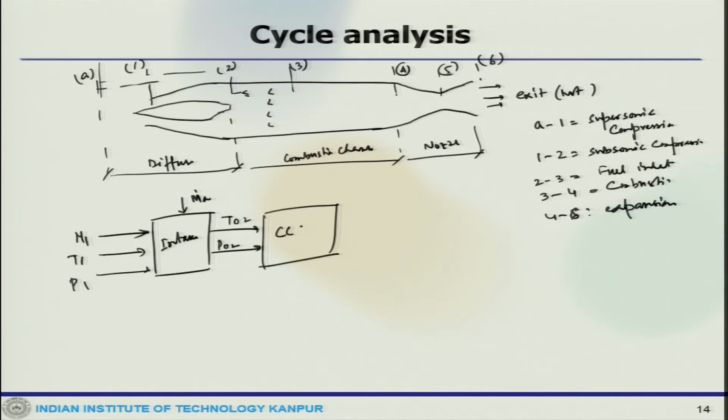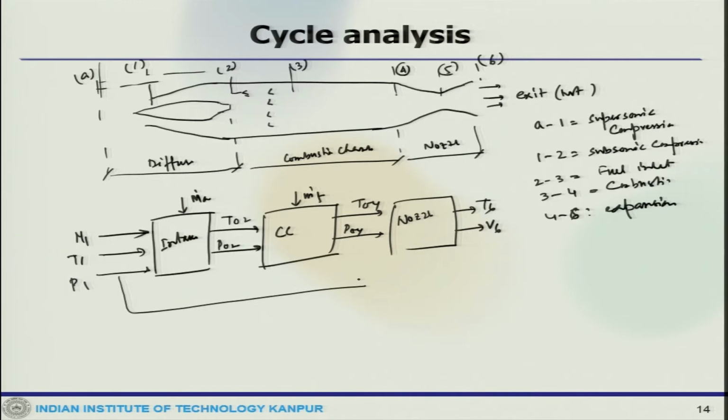This is the combustion chamber where you inject fuel, and then it comes out at T04, P04, goes to the nozzle, it gets T6, gets V6. So, this is the complete block diagram.